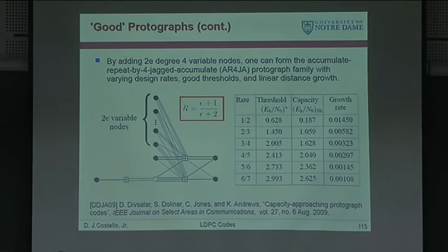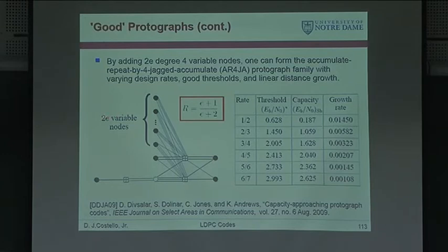So they had another design. That was a rate 1/2 design, as I said. If they just take that same design and add 2e additional variable nodes of degree 4, again, these are fairly high degrees, it would strengthen the code.